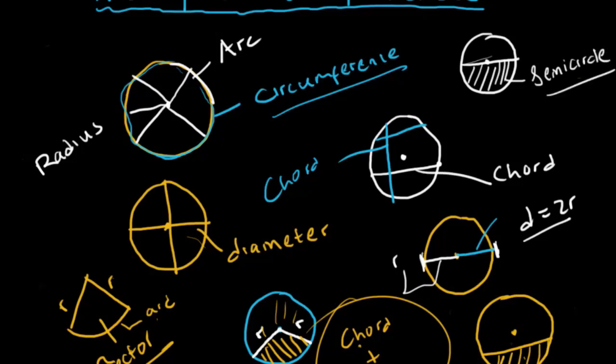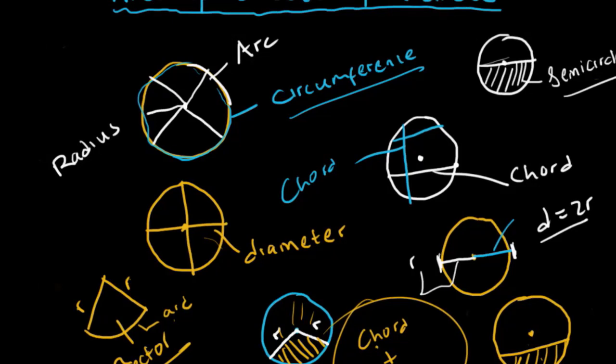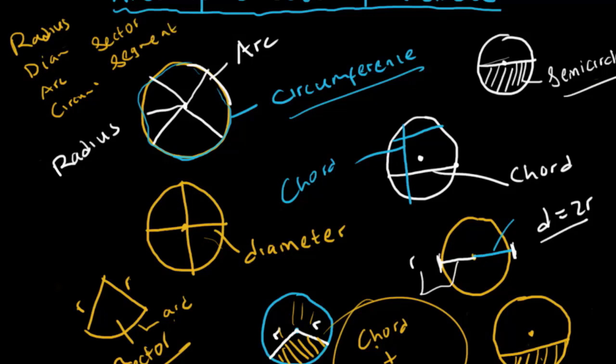So a semicircle is basically half of a full circle. Do you understand that? So I think we've learnt what radius means: diameter, arc, circumference, sector, and segment. And I think one more thing, chord.